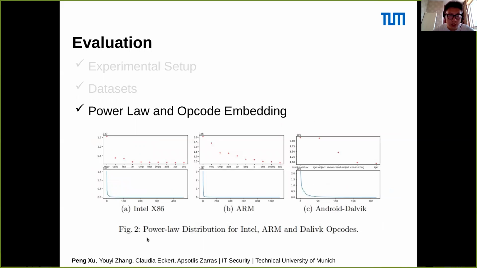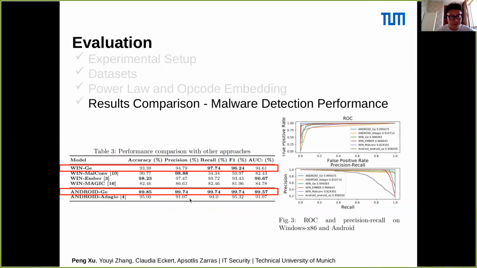In order to use word2vec, which is a natural language processing technology, we should have a power law distribution for the words, which means the opcodes in our case. Our result shows that for Intel architecture, ARM, or the Android Dalvik virtual machine, all of the instructions follow the power law distribution.